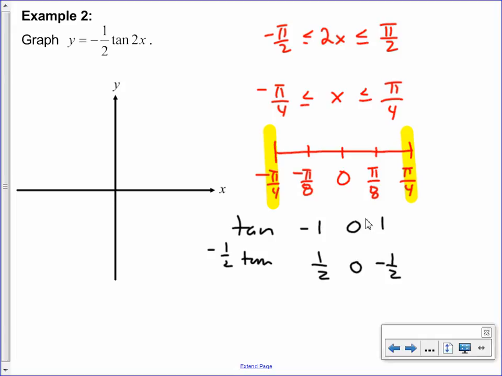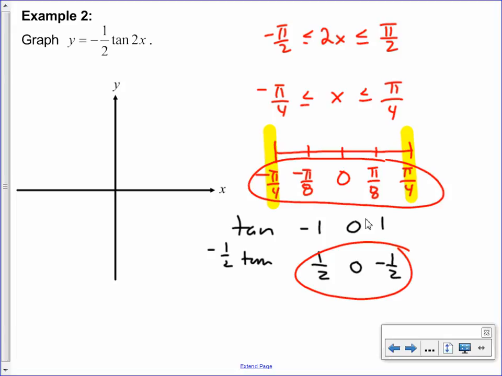So, again, you're graphing this and this. Negative pi over 4 to positive pi over 4 are your asymptotes. It's the same graph over and over again. Here's 1. Here's -1.